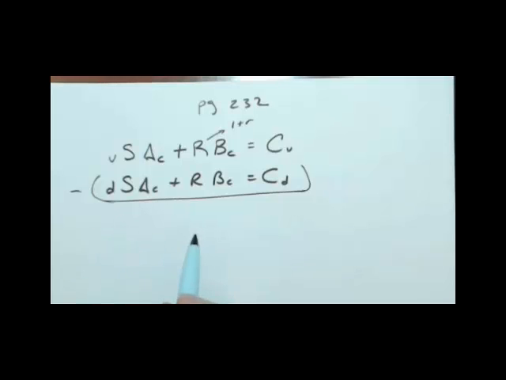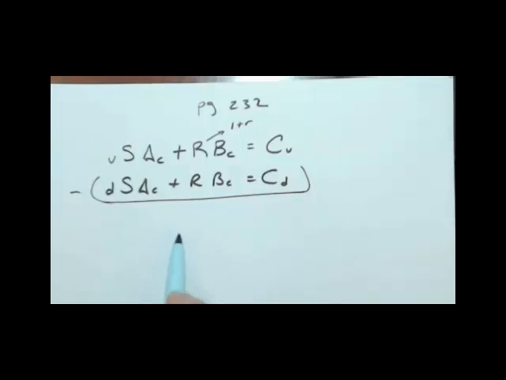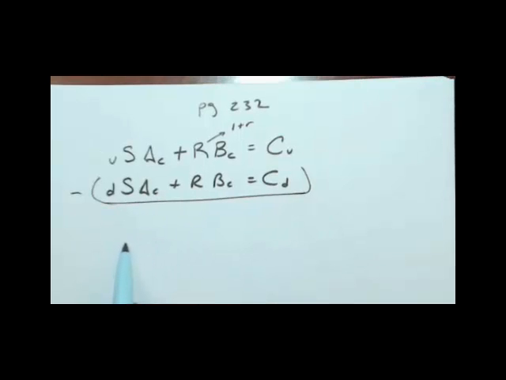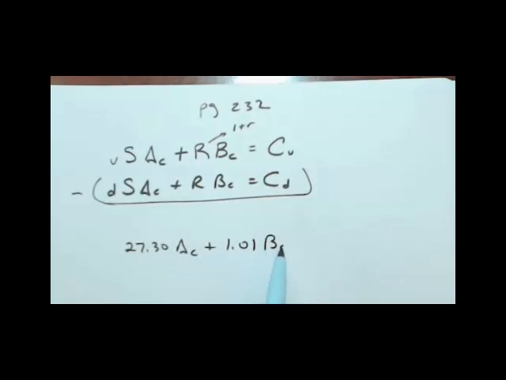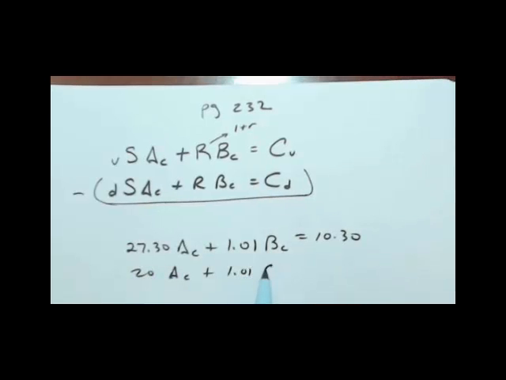And what you'll get is, let me fill in the numbers. It'll make more sense. 27.30 delta C plus 1.01 BC equals 10.30. And 20 delta C plus 1.01 BC equals 3.